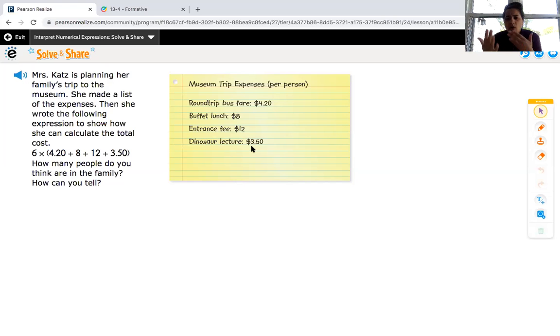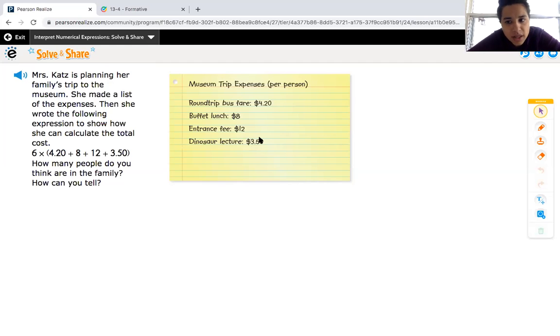So just think if we were going on a field trip, and for you, this is how much everything would cost for the field trip. But you have 20 other classmates that are coming with you, right? So how would we figure out how much it costs for those 20 other classmates? Okay, we might add this total up 20 times, which would take forever.